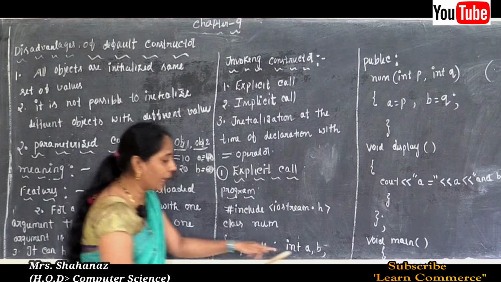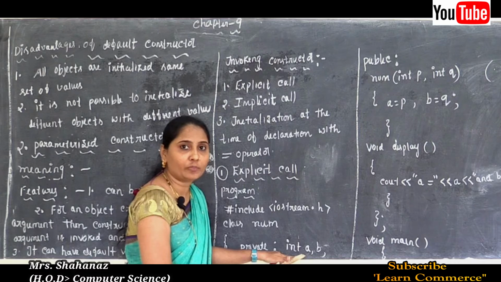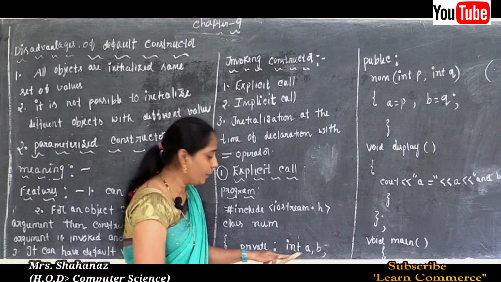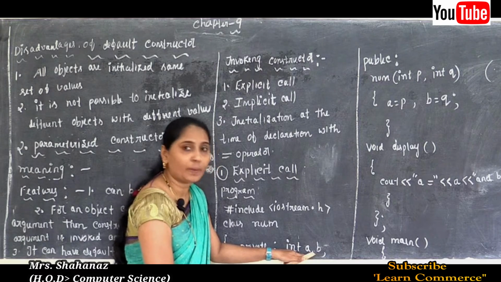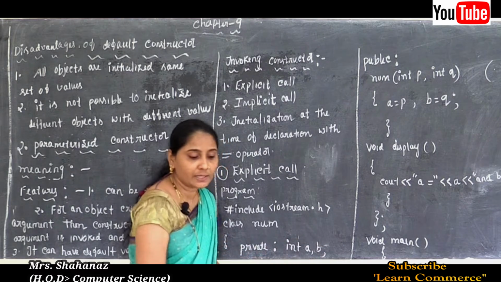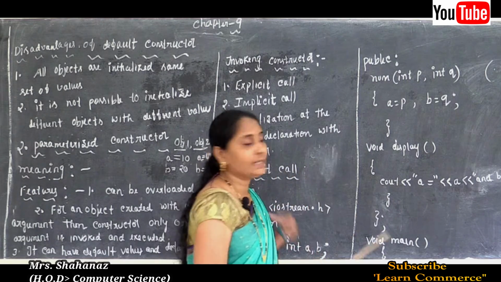In private I am using two member data of the class, A and B, of data type int, separated by a comma, and finally a semicolon completes the statement.